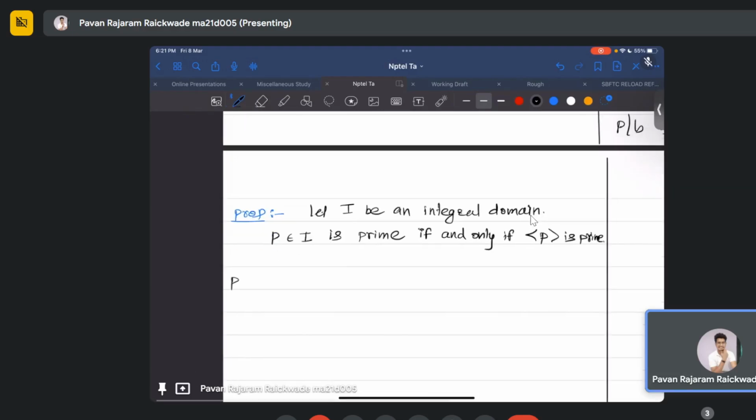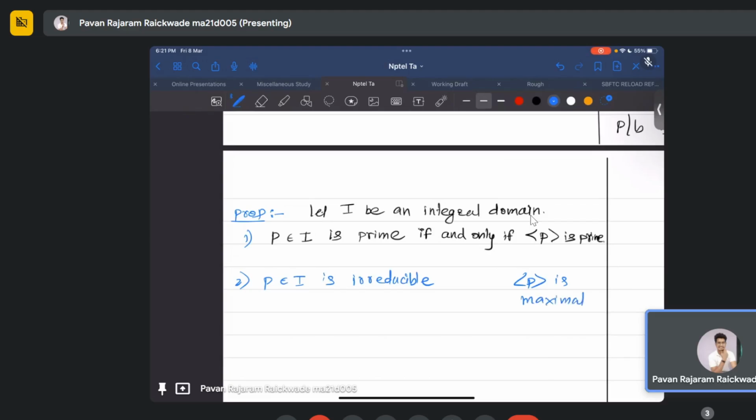Now look at the next proposition. I'll just name this as 1 and this as 2. P belongs to I is irreducible. The question is whether it is similar: the ideal generated by P is maximal.